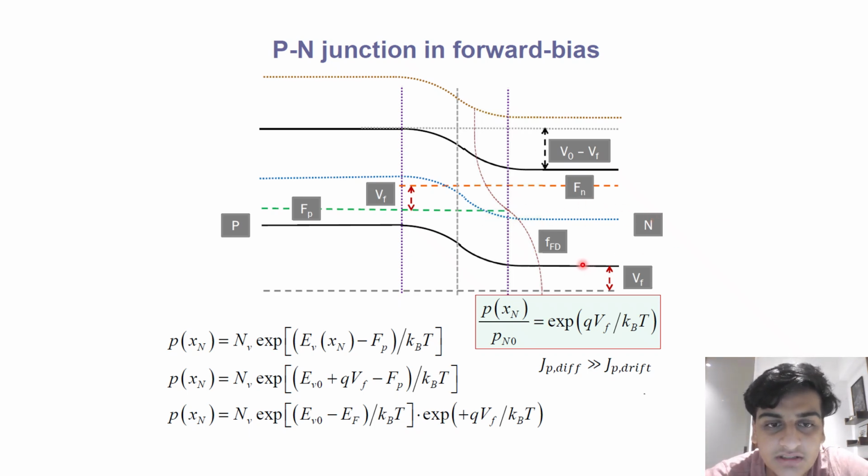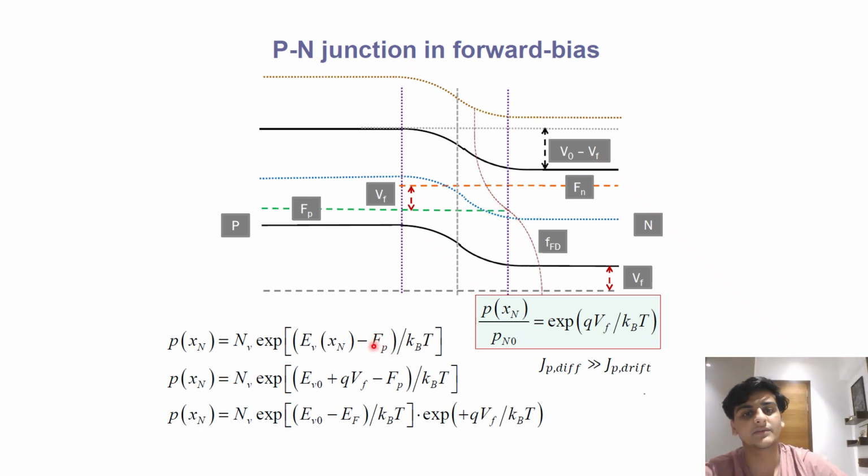Now, the hole concentration at this edge, if we use the formula that we generated in the carrier concentration video, is dependent on this exponential of the difference between the valence band and the Fermi level. Now the Fermi level here is replaced by this quasi Fermi level.